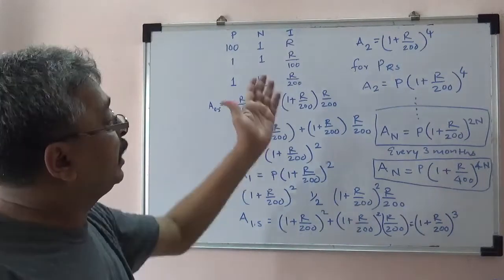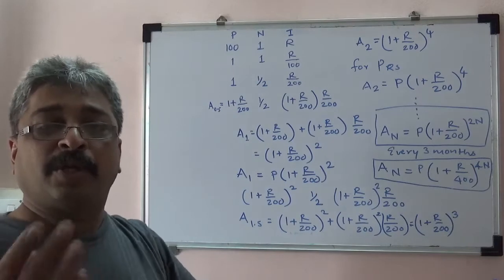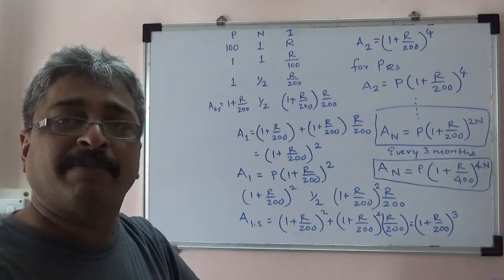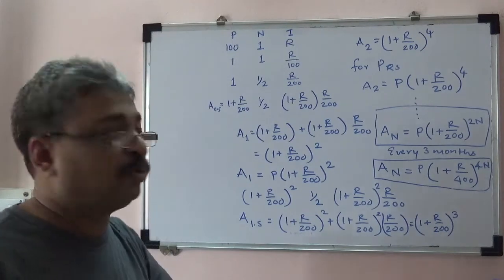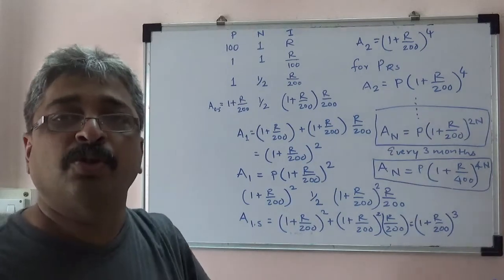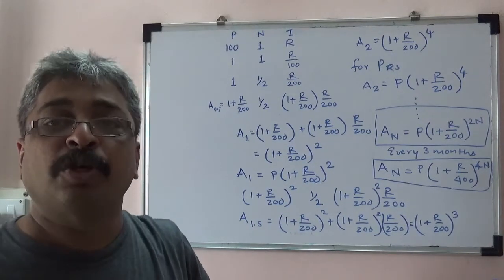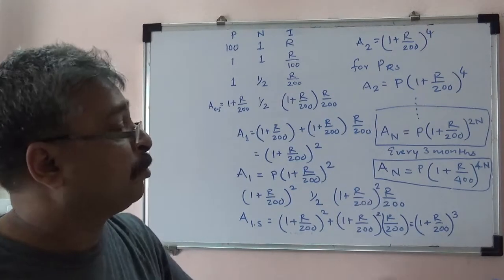I am aware the calculations that I have done are a little fast, but you can always pause this video, check my calculations, check your calculations, see whether you have really understood it or not, and follow the notes. We have written everything properly in those notes. You can read them and understand this problem and this formula.